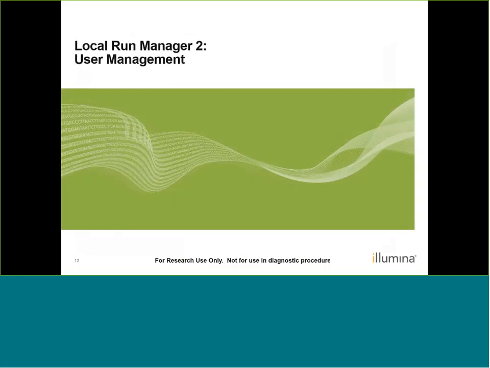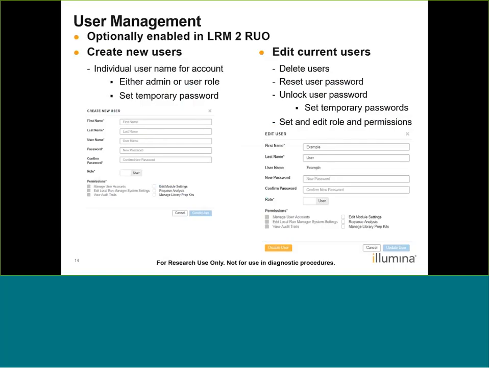Before we get into run creation, I want to spend a moment talking about user management, as this affects everything you do with Local Run Manager. This is optionally enabled in version 2 RUO. In the older version 1.3 and in the DX versions, you do not have this option. So user management is always enabled in those, which means you need to log in and have admin credentials for installations.